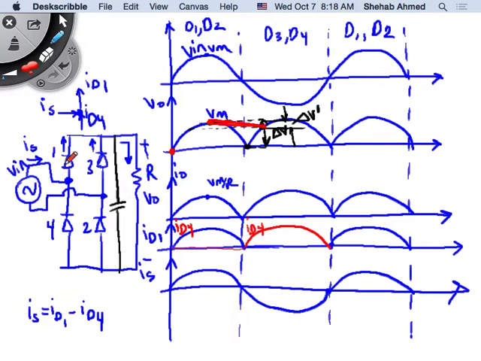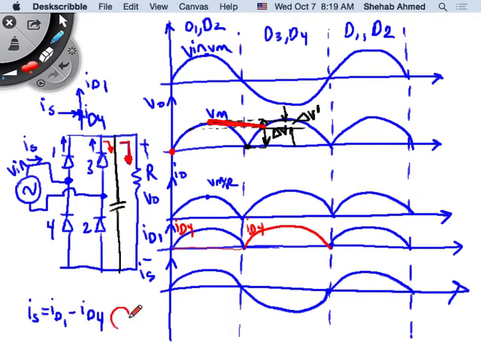Then my input rises, so my diode 1 conducts, diode 2 conducts. So I'm putting my supply voltage across my capacitor and resistor, right? So in the first half cycle, the source is supplying the capacitor and supplying the resistor. They're both across the source supply.